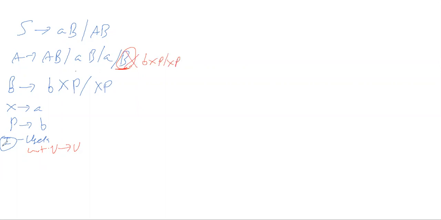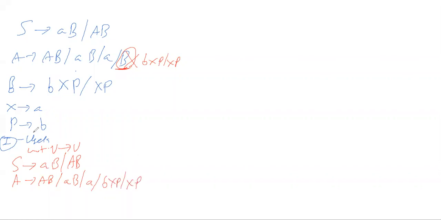Okay, so the simplified form or minimal grammar will look like this. S implies AB slash AB, then A implies AB slash AB slash A slash BXP slash XP.